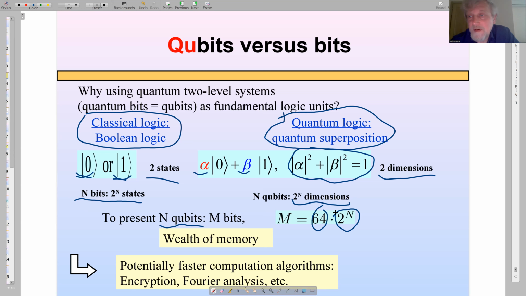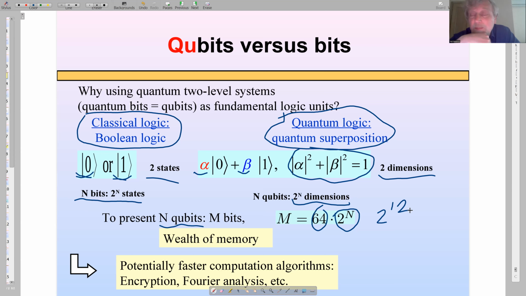So the number of classical bits in a modern computer, I guess it would be like 10 to the 12. Yeah, something like that. And that would imply that with a big modern computer, we can only represent, let us see, eight qubits.